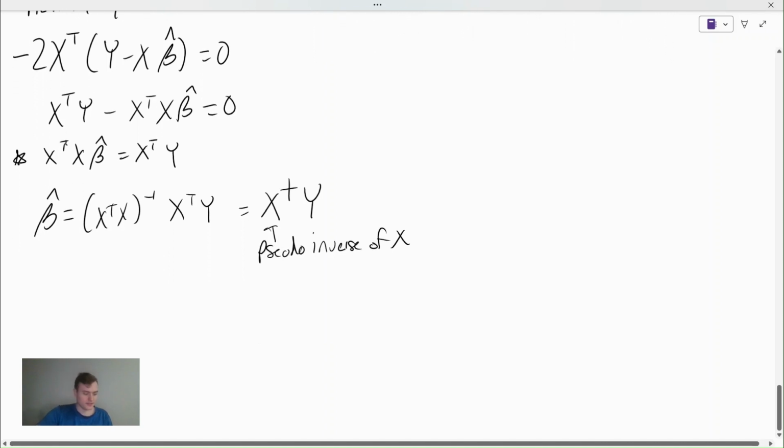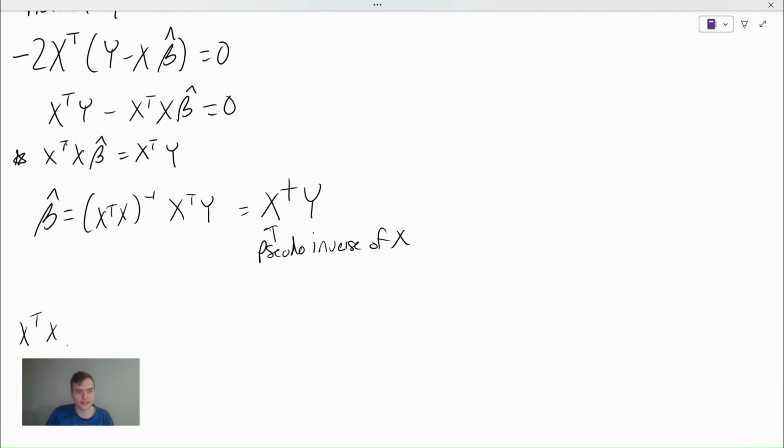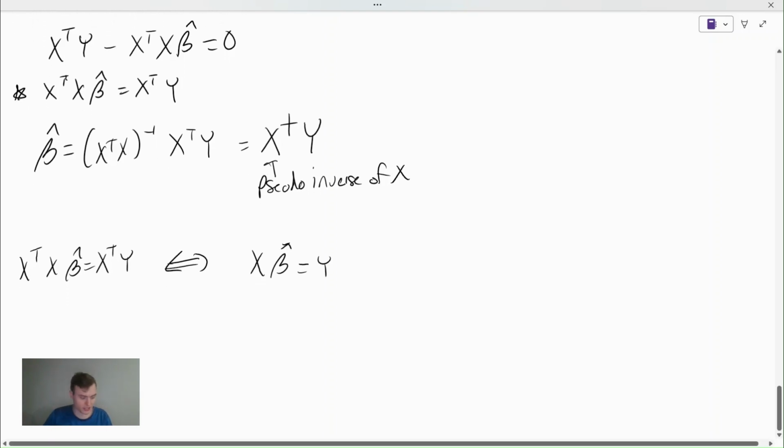And yeah, next let's note the normal equations X^T X beta hat equals X^T y are pretty similar to X beta hat equals y. You're just multiplying X^T on both sides. So our solution actually satisfies this system of linear equations, right?